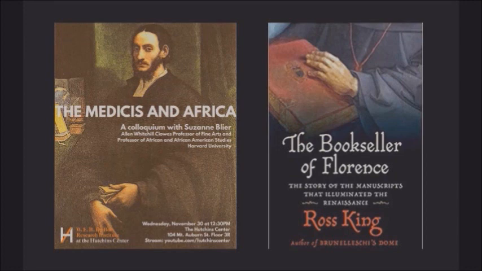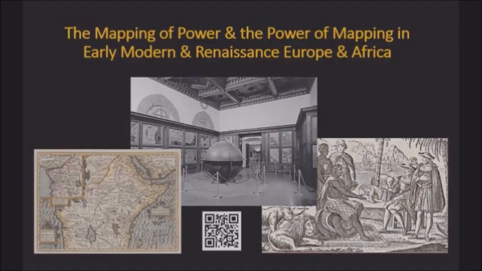The history of this is well told by Ross King in his book called The Bookseller of Florence, but it's well to look into it because it has to do with the question of what we can expect to learn from books, charts, maps, and prints that they contain.